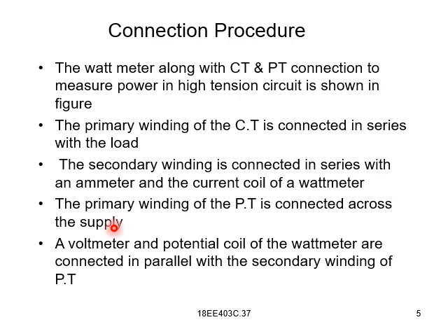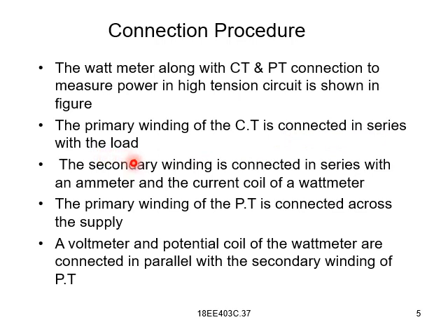We can observe here the connection procedure, how the circuit diagram was made. It's very clear at this point. We'll see it again: the wattmeter along with CT and PT connection to measure power in a high tension circuit is shown in the figure. The primary winding of the CT is connected in series with the load.